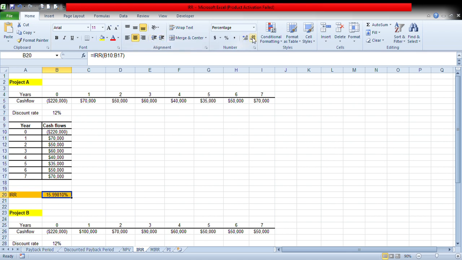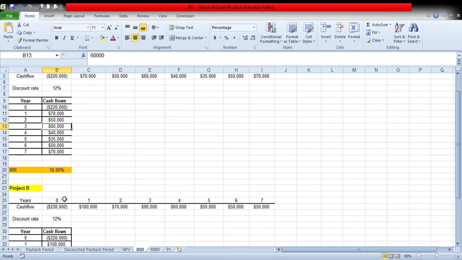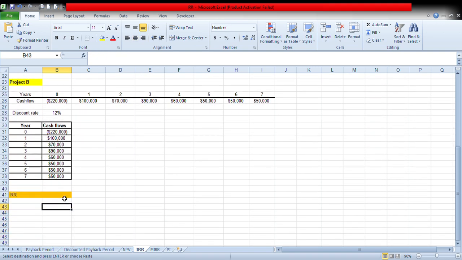Okay, 16%. So for example, for project B, it's 28.20. Understand?